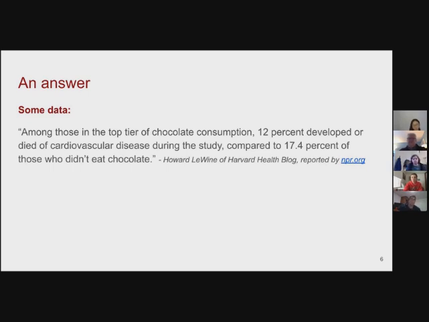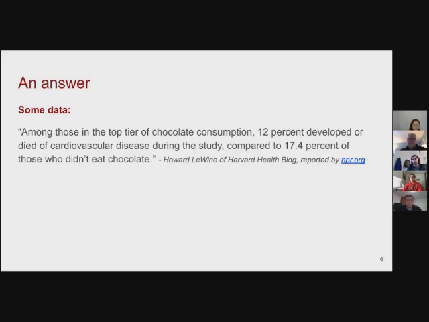The outcome, as we're talking about, is heart disease, and they numerically evaluated that 12% of the consumption group developed or died of heart disease during the study, and the non-consumption group is 17.4%.